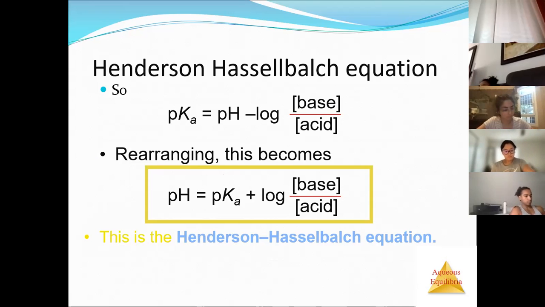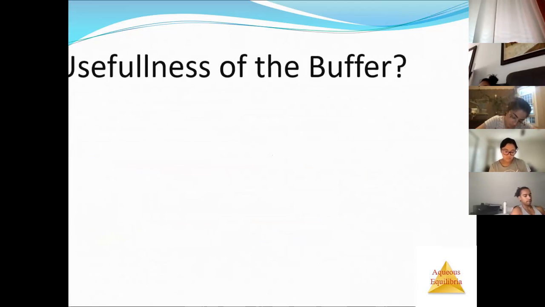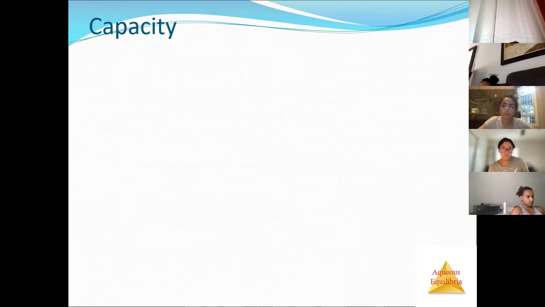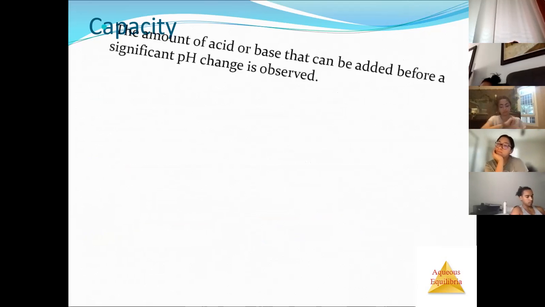So therefore, they determine the Ka by taking that pKa and raising 10 to the negative of that power. So a buffer is most useful when the pH is close to the pKa. This means that the concentration of the conjugate base has to be real close to the concentration of the weak acid.